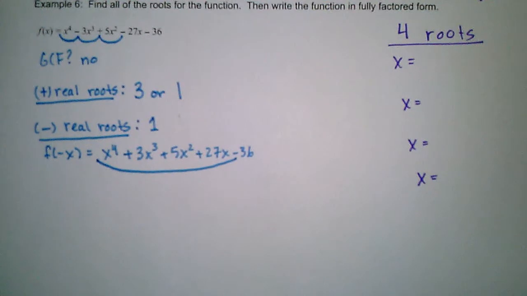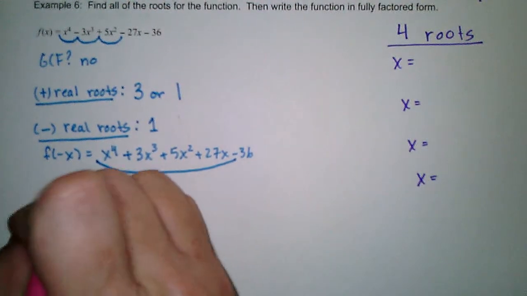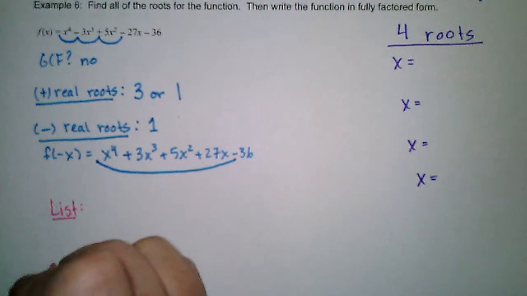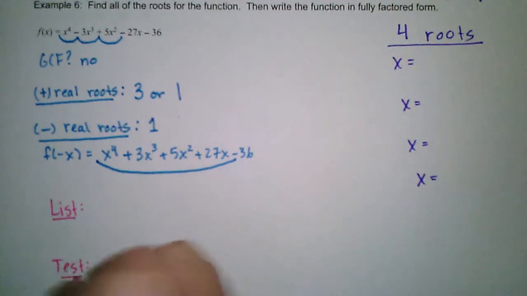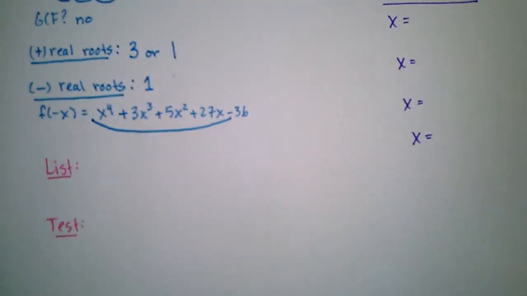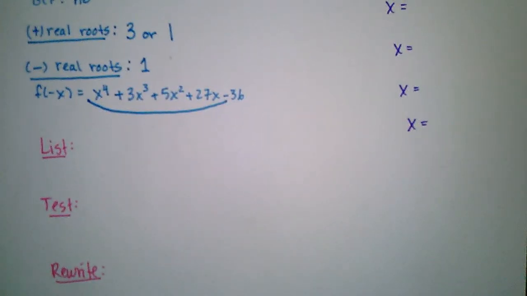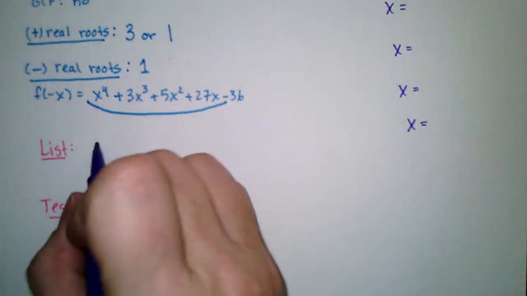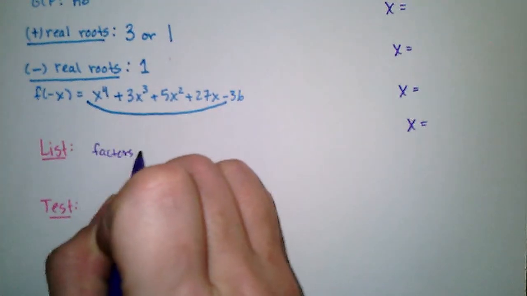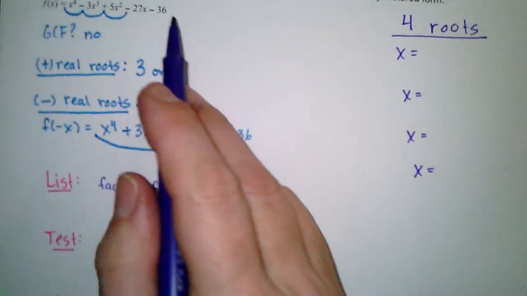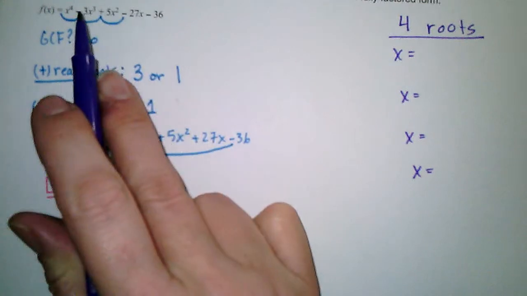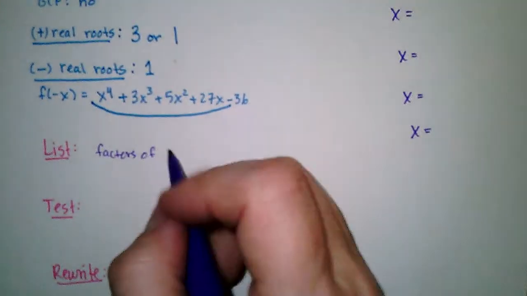Then we will start our list, test, rewrite. So for our list, we need factors of the constant term, which was 36, over factors of the leading coefficient, which was 1.